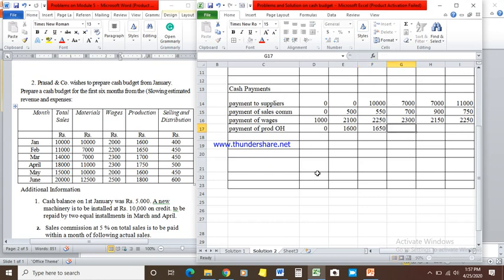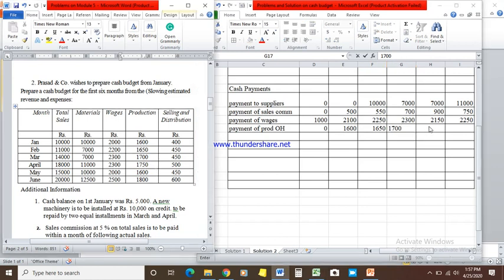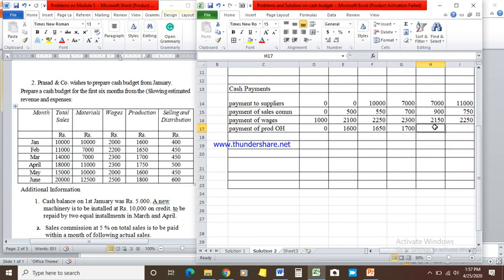February becomes March, March payment becomes April, April 1,750 goes to May, and finally 1,600. Same way in terms of selling and distribution overheads. Payment of selling and distribution overheads. So January nothing, but January payment will go to February. So 400, 450, 450, 500 and 450.